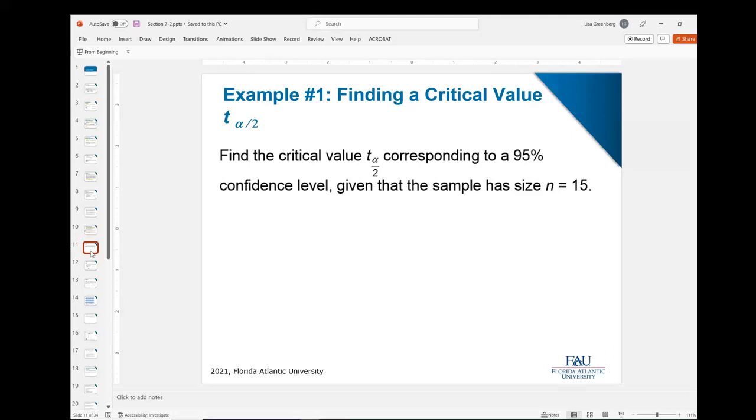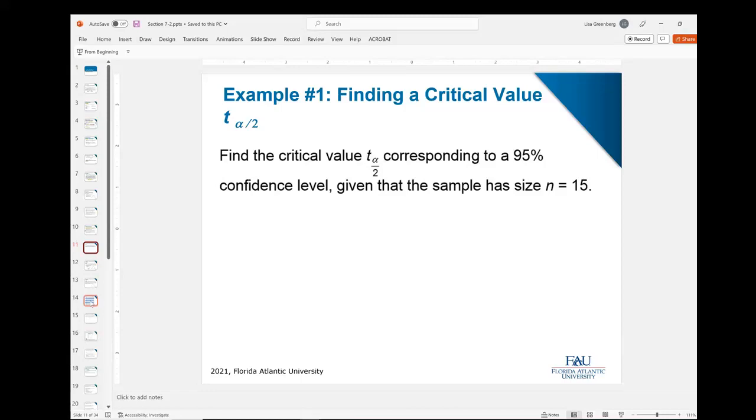Okay, so let's do an example here. It says find the critical value t of alpha over 2 corresponding to a 95% confidence level given that the sample has size n equals 15. Well, actually, there's two ways we could do it.